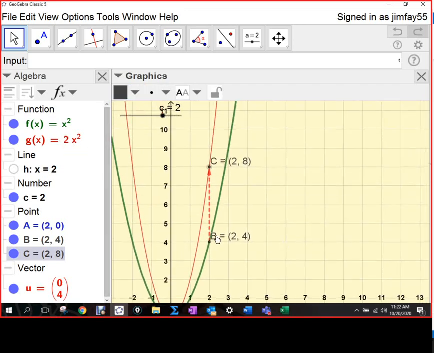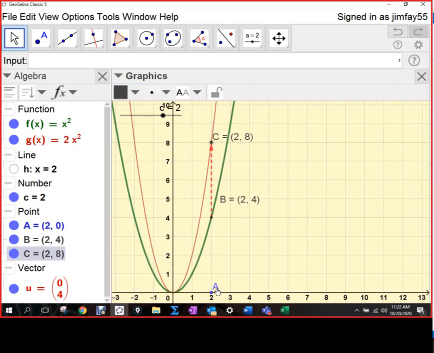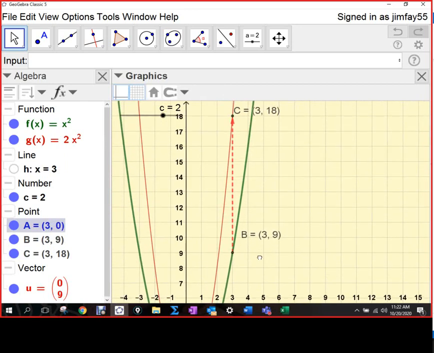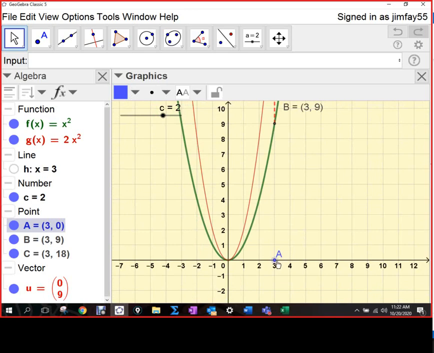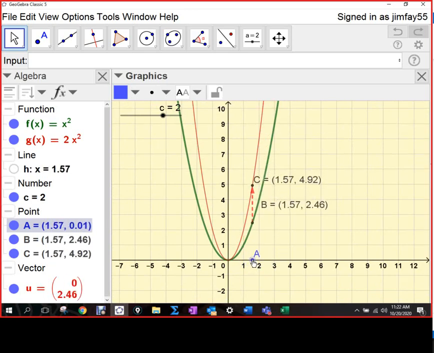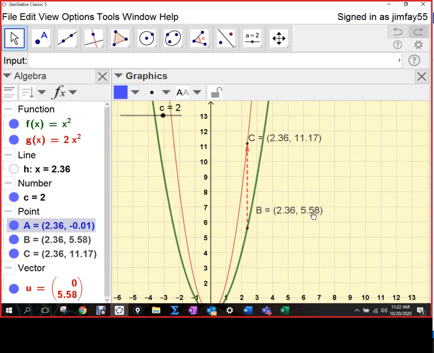Okay? And that should be true no matter where I go on this graph. So there I'm at 3, 9 on the parent function. So then it should be 3, 9 times 2 is 18. So 3, 18 on that graph. Does that make sense, everybody? And that should be true all the time. Even like right there, take that number, multiply it by 2, you get that number.